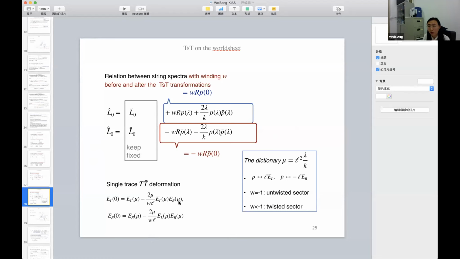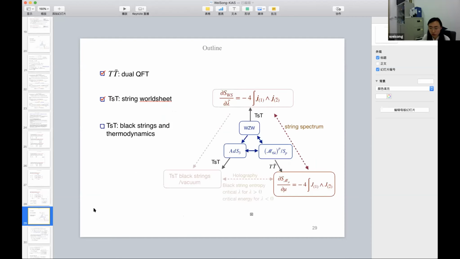So this is one evidence that TST or this string background really corresponds to this TTbar deformation. Any questions so far? Okay, then I will go to the third description.